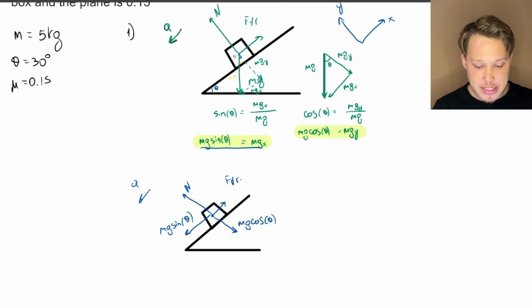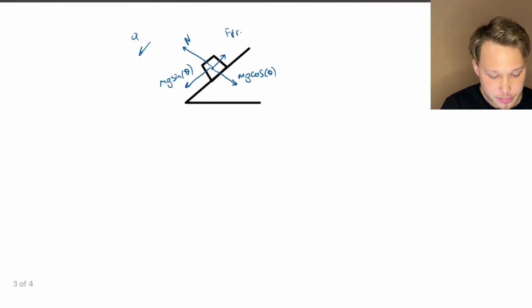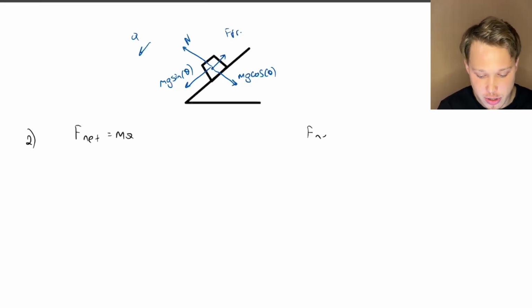Because as we move from our first step, which was drawing our free body diagram and breaking down our forces into x and y components, the second step is going to be to write down F net is equal to ma, our second Newton's law, in both the x and the y direction.